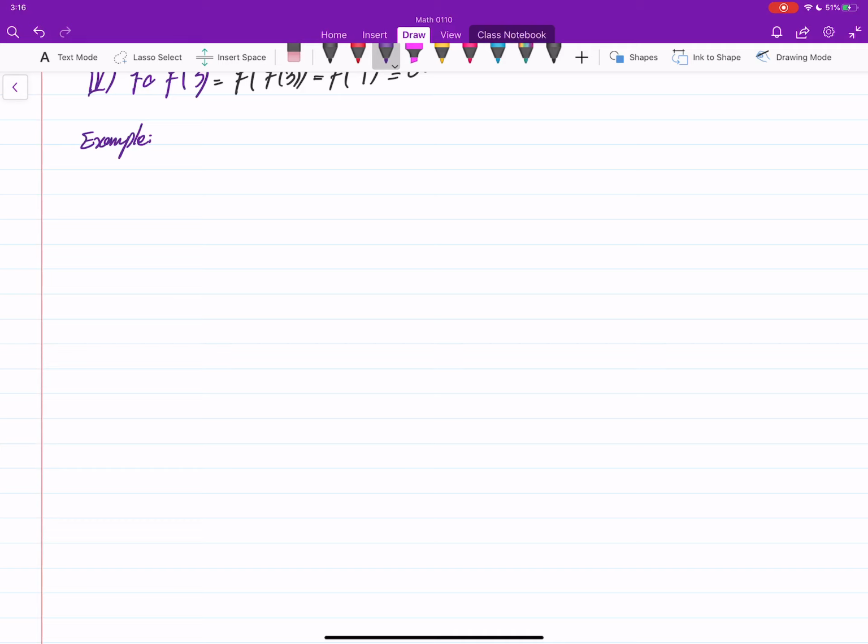So example, let f(x) be 1 over x, and g(x) be x squared plus 2.